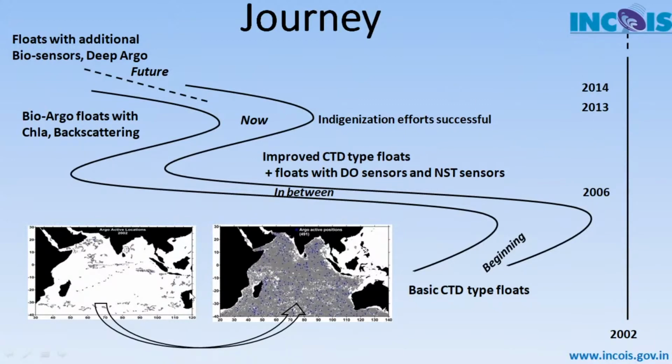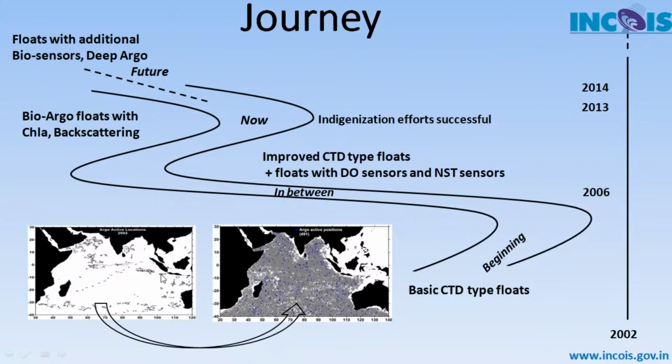So that's the past, and what is currently going on in the present, and the future plans that INCOIS is planning. This picture below shows the beginning in 2002, when we first deployed our set of floats, to the current status. You can see the entire Indian Ocean has been filled with the data that India and other countries have contributed during the course of almost 2 decades. So that's a successful journey from almost a data void region.